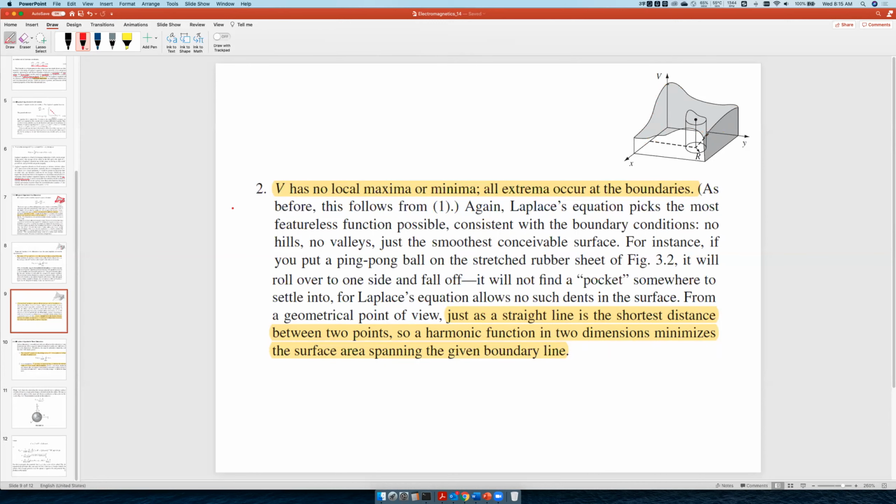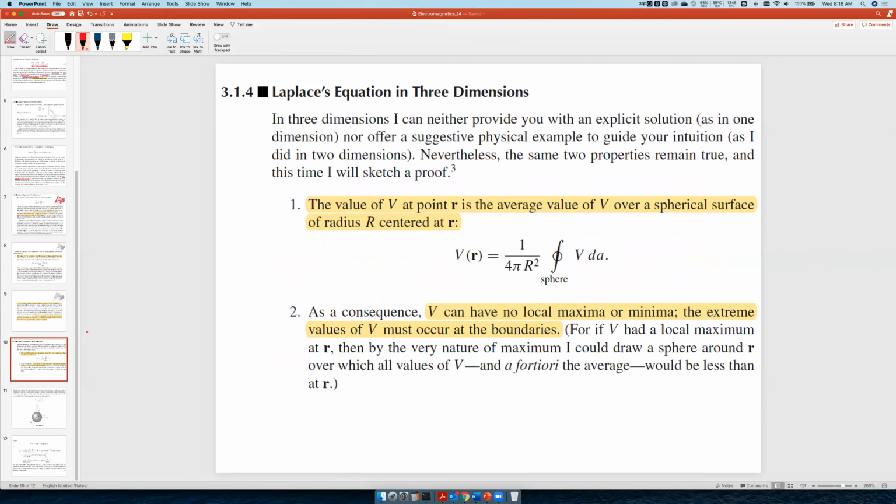So that's two features of the two-dimensional Laplace equation. Now let's see the three-dimensional Laplace equation.